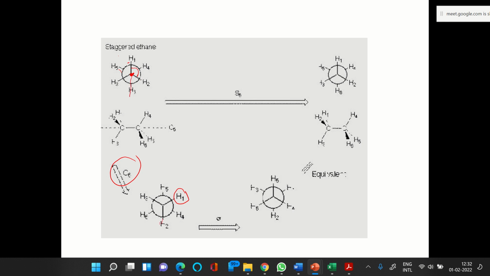So you see it is drawn over here. Then H3 will come here. So overall your H1 H2 H3 rotation will be like this.